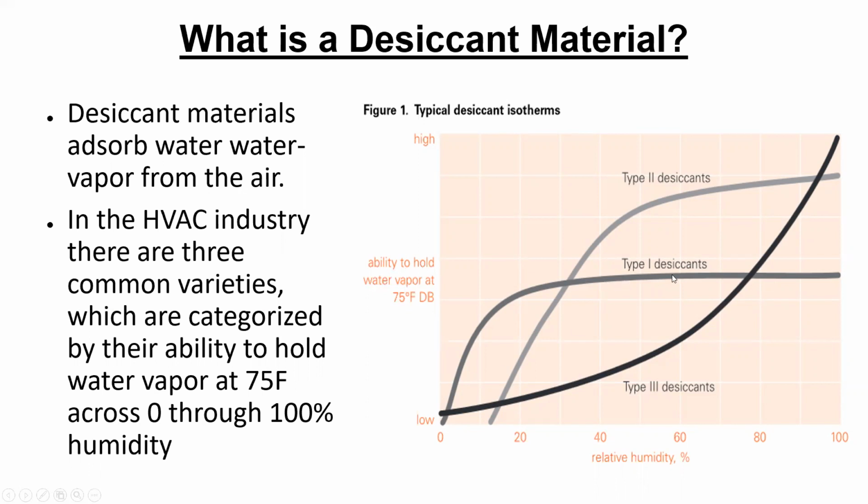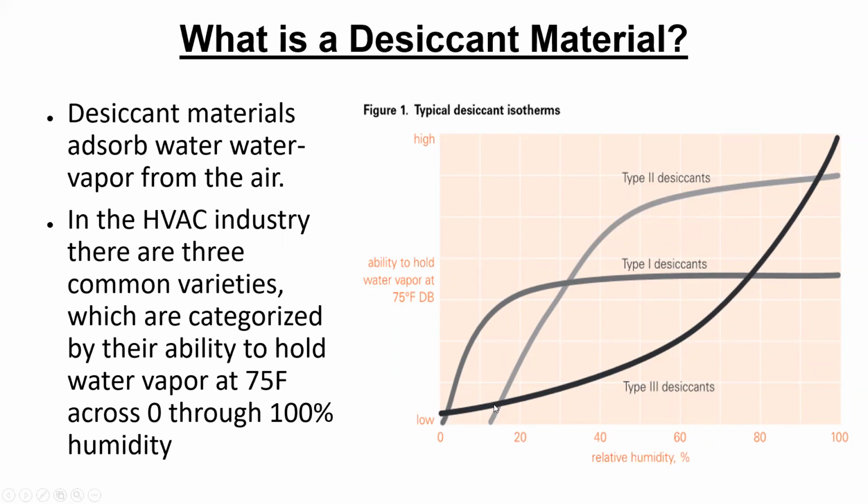So you can see that type 1 desiccants are pretty good at low relative humidity. They can absorb well, but going from 40% relative humidity to 100%, it remains the same. On the other hand, type 2 is lower at the initial relative humidity, but it's much higher than type 1 at the higher relative humidity percent.